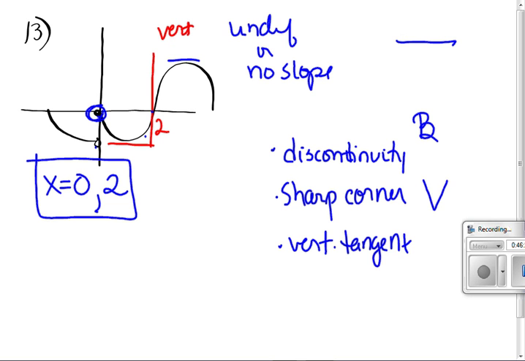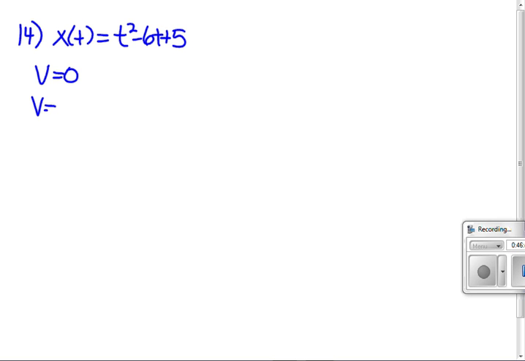How about number 14? Number 14, my position is t squared minus 6t plus 5. And it says find the value of t where the velocity equals 0. How do you find the velocity? dx dt.